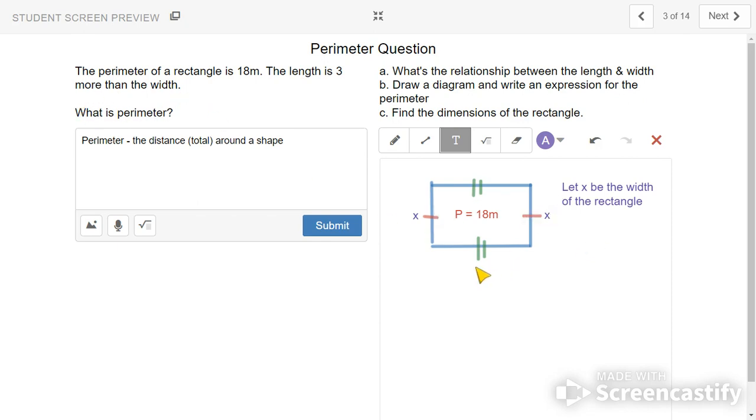So if this is x, 3 more than this would be x plus 3. We've drawn a diagram. We've written an expression. So perimeter is equal to x plus 3 plus x again plus x plus 3. We know all of this is equal to 18 meters.